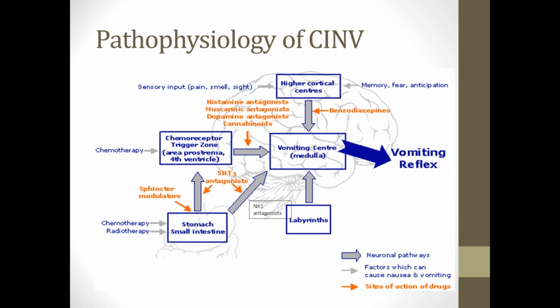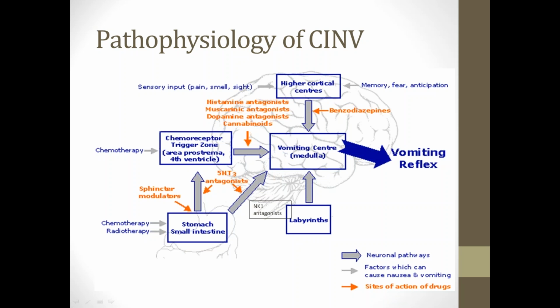And from the gastrointestinal tract, several substances are released. Dopamine is released, serotonin is released, histamines are released, and these will travel from the intestine into a center of the brain, in the rear of the brain, called the chemotrigger zone. From there, messages are relayed to the vomiting center, which is in the midbrain or the medulla, and that will cause the patient to vomit.